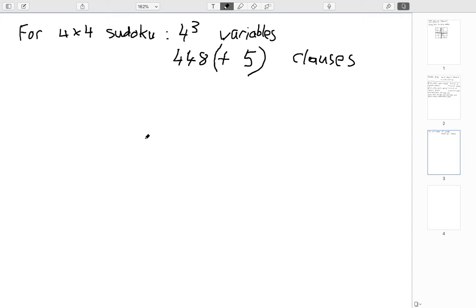In fact, you can think about it for yourselves. Some of the clauses we've included are redundant. For example, for each notion, like a cell, a row, a column, and a corner square, we were saying it must contain at least one of the numbers and it cannot contain 2 different such numbers.